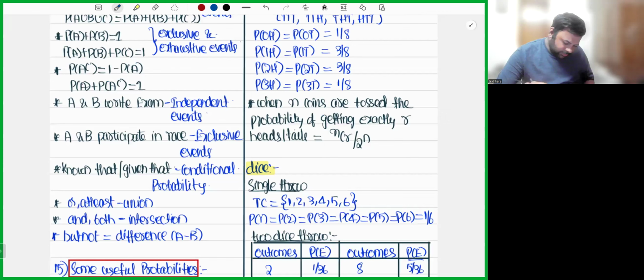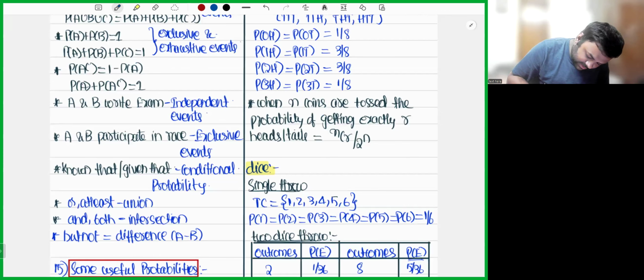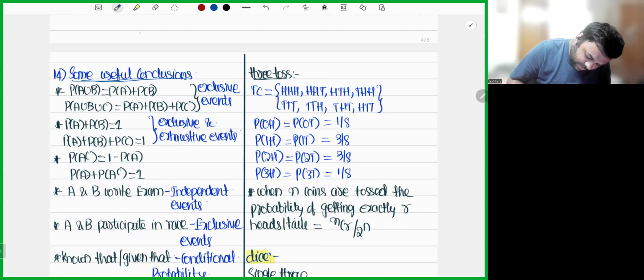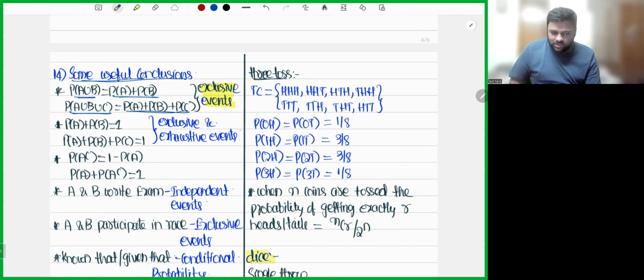So just now I said you some useful conditions. In exclusive events, my dear friends, A intersection B will be equals to 0. That's the reason whenever you are having exclusive events, remember this, P of A union B will be equals to P of A plus P of B. P of A union B union C will be P of A plus P of B plus P of C. Means intersection, everything is 0, right?